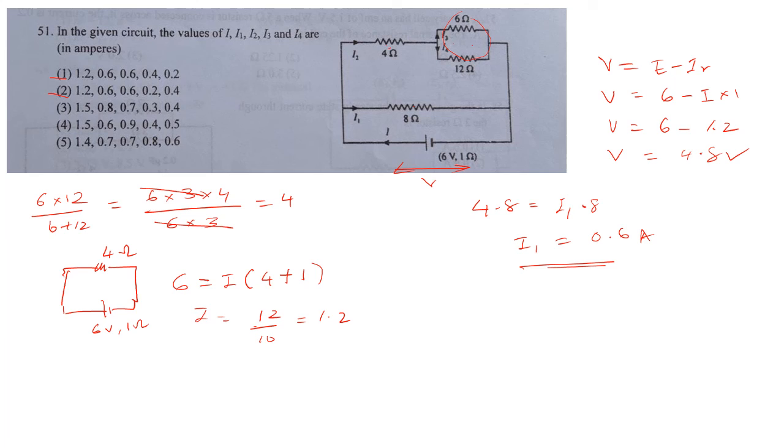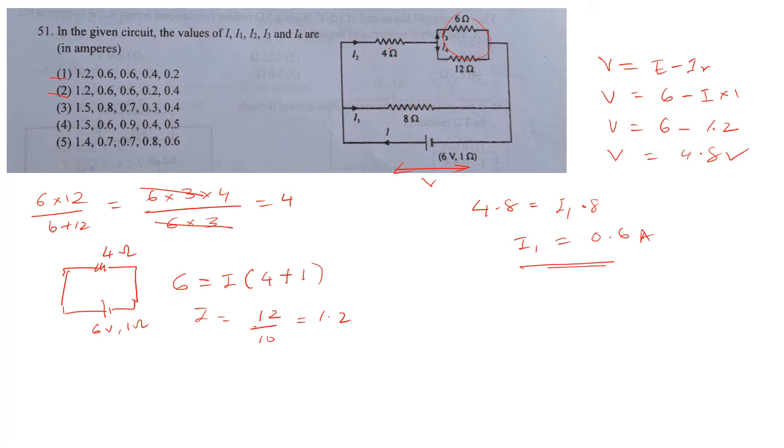So I2 is 0.6, and here it will divide inversely, because these two resistors are in parallel.